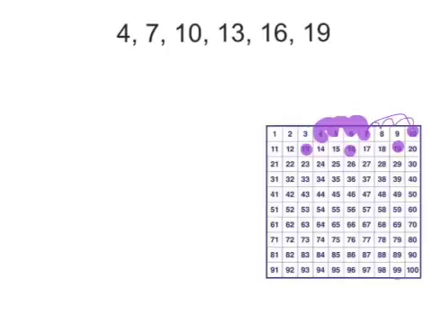From 10 to 13, I know in my head that I would add on 3 more to make 10 into 13. Then we add on another 3 to get to 16, and then another 3 to get to 19. So this pattern is increasing because it's getting bigger, and it's increasing by 3s because each time we added 3 on to the number.